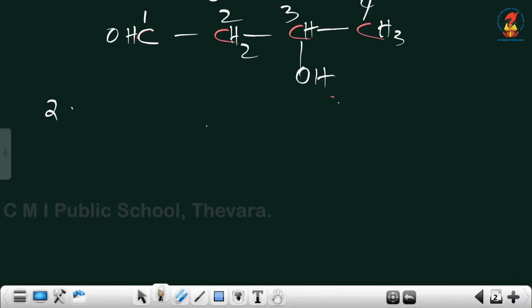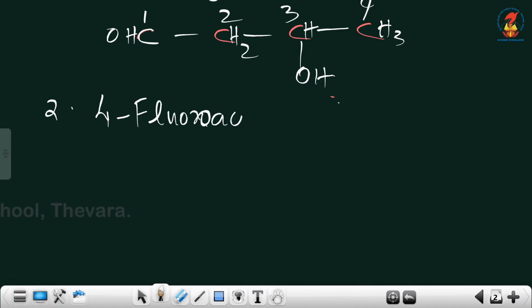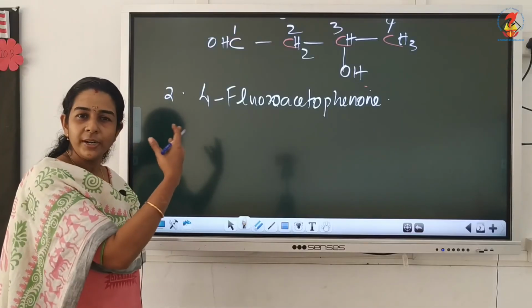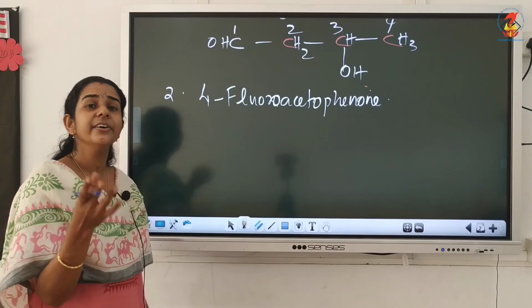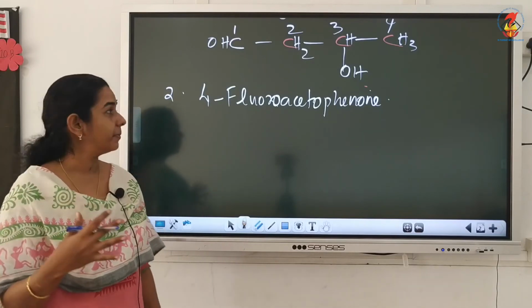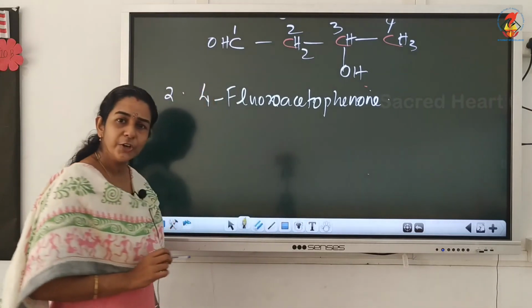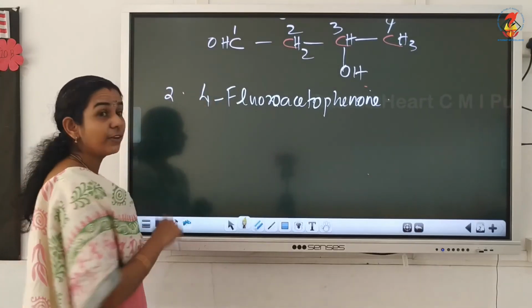Number 2, 4-fluoroacetophenone. This is why I told you to study the common names and structures first, because those common names will be used here and there throughout this chapter. So here, do we have any word root? No, but we can identify the parent.